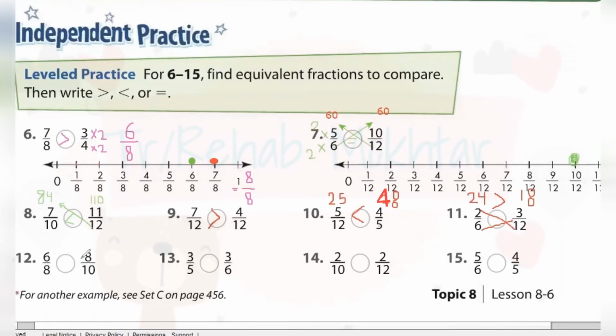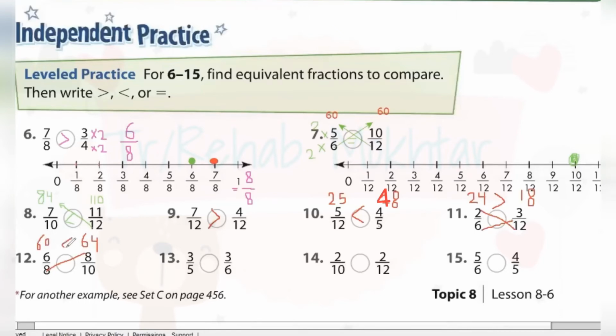6 out of 8 and 8 out of 10. Multiply. 8 times 8 equals 64. 10 times 6 equals 60, which is more? 64.